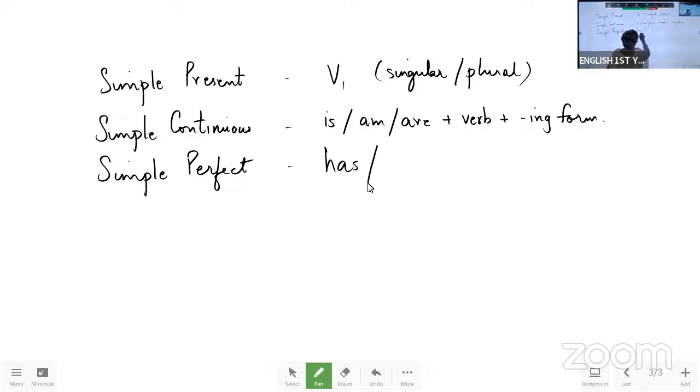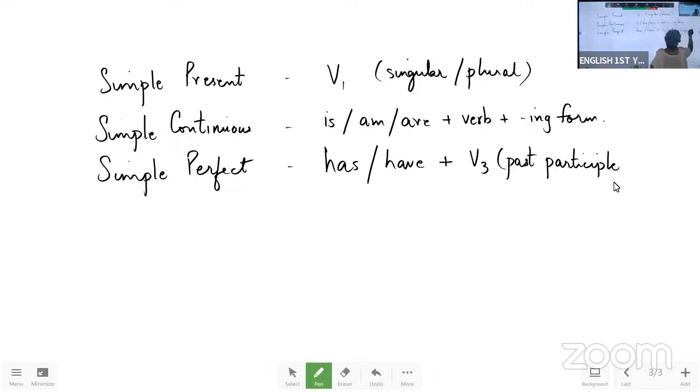Has, singular, have, plural, plus V3, past participle. V3 is known as past participle, while ing form is known as present participle.